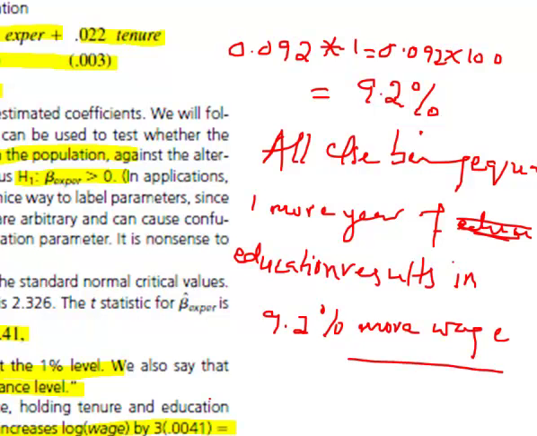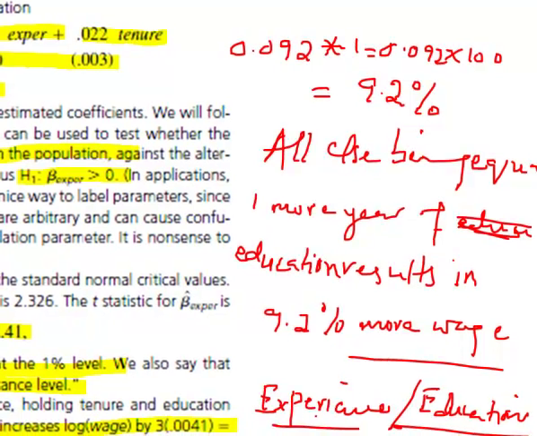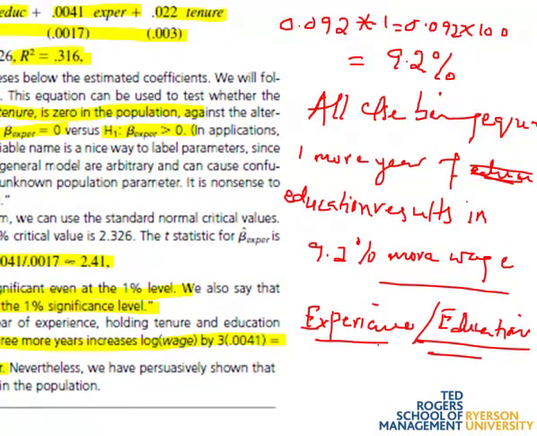So compared to experience in this data set, education results in higher wages. So basically it is telling you that experience is not resulting in as much increase in wage as education does.